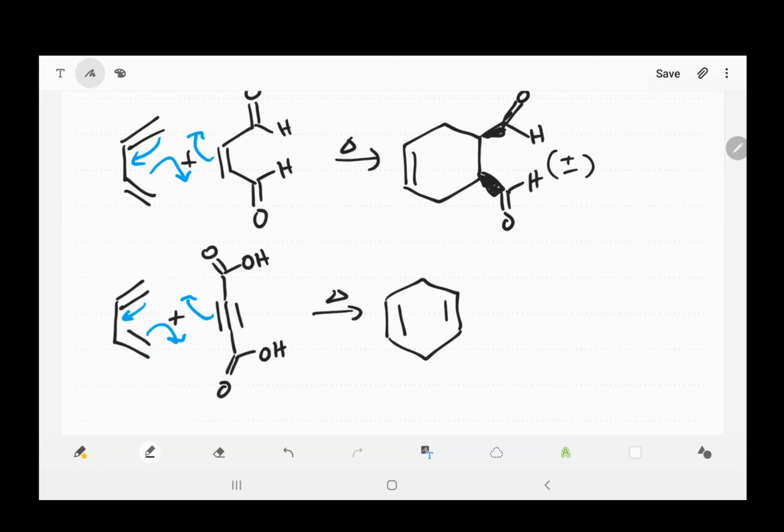Though in this case, we are going to have a double bond still left over because we've only taken one of those pi bonds out. So we still have the other pi bond from our alkyne. And so we're going to, in this case, have our carboxylic acids still there. So, nothing too crazy, yes?